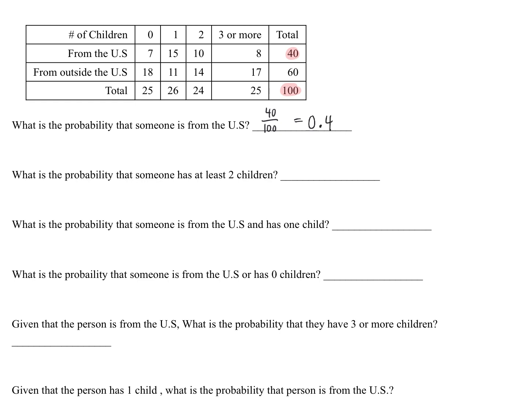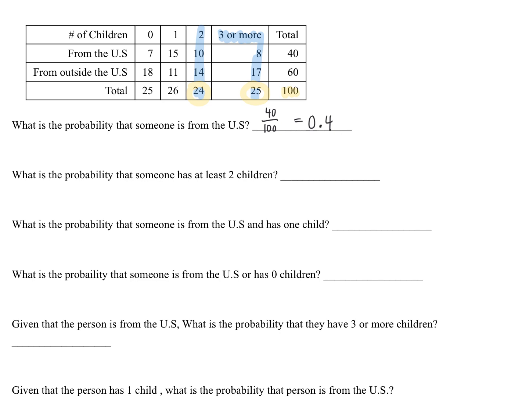Okay. What's the probability that someone has at least 2 children? Okay, so that means 2 children or more. So that would include people that have 2 kids. That's here. Or more. So it's all of this as well. So the probability that they have 2 or more kids, total we have 24 and 25 out of 100.